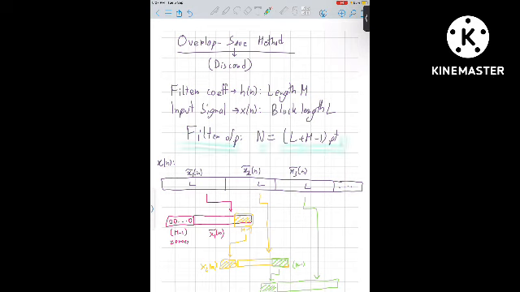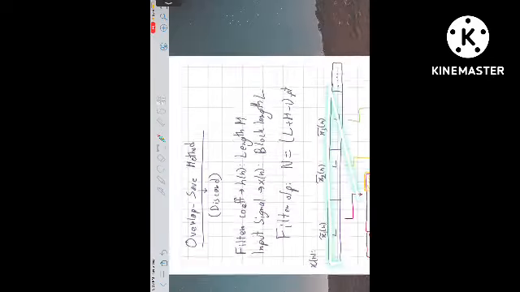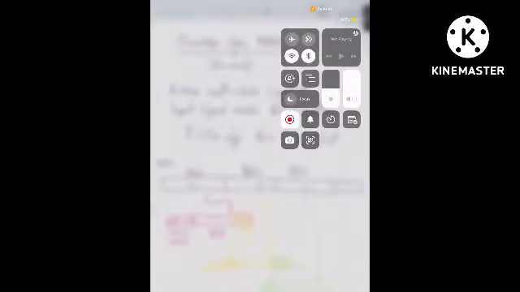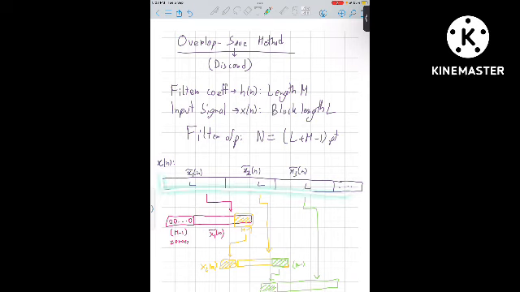Now what do we do with them? Now we take this block of length L, and for the first block I add m minus 1 zeros, and here x1 tilde of n. Now look at this very carefully. What do we do with this second block?